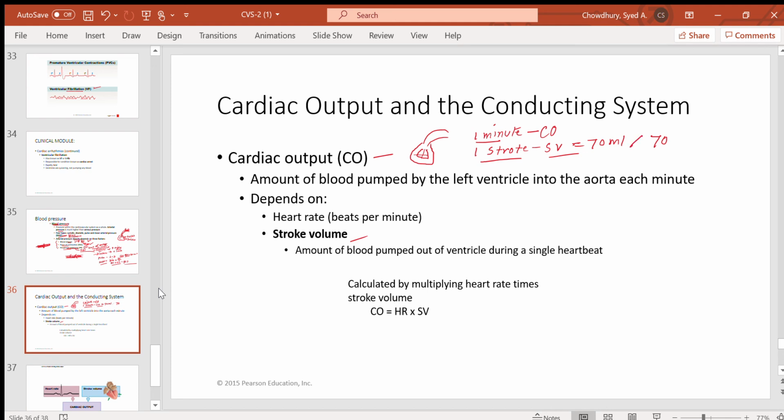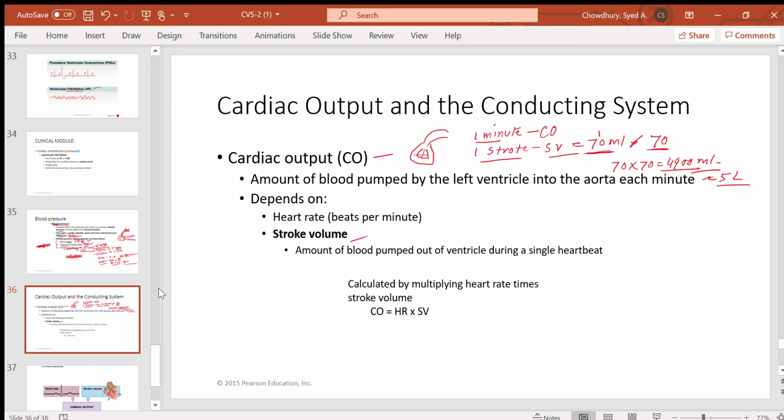So what will be the cardiac output? In one stroke 70 milliliter, and in 1 minute your heart is beating 70 times. That means 70 strokes in 1 minute, right? So 70 times 70 is 4900, right? 4.9 liter or 4900 milliliter, about 5 liters cardiac output.